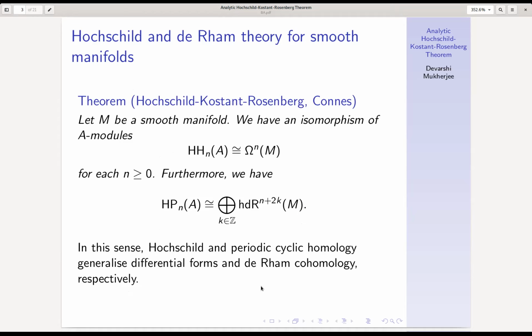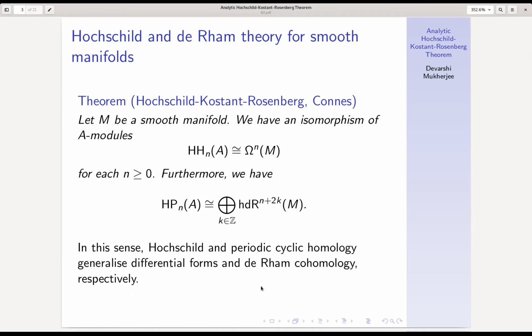Now, how are these two invariants related? The classical theorem, which goes back to Hochschild–Kostant–Rosenberg, states that we have an isomorphism of modules. If you take the homology of this chain complex that I defined previously, importantly using this completed tensor product, then you get the differential forms on the manifold.